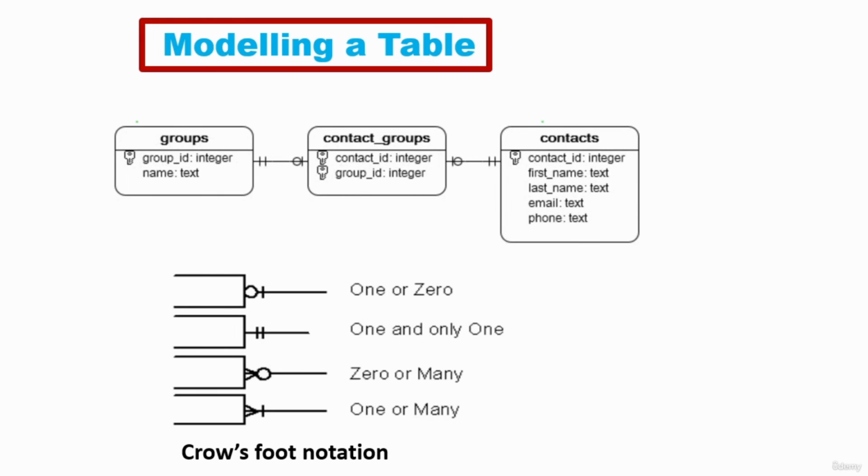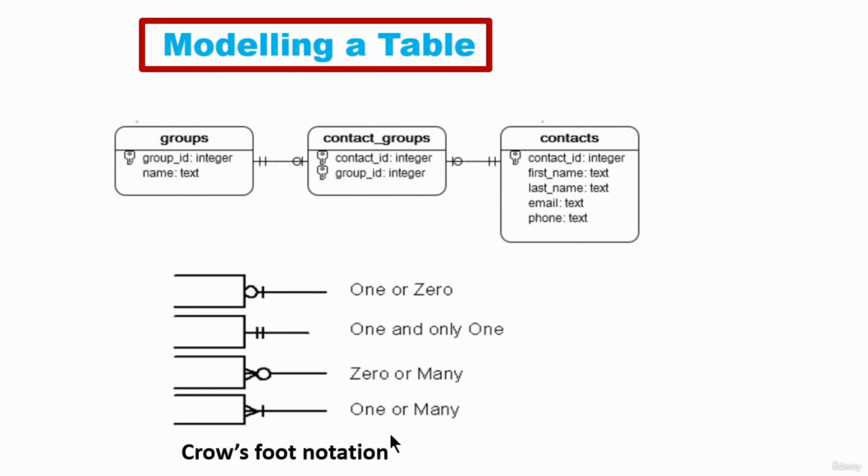They call it crow's foot notation because it looks like the foot of a crow, which is a popular bird. So you can see here these different symbols define the relationship that I have specified between the tables that I'm creating.